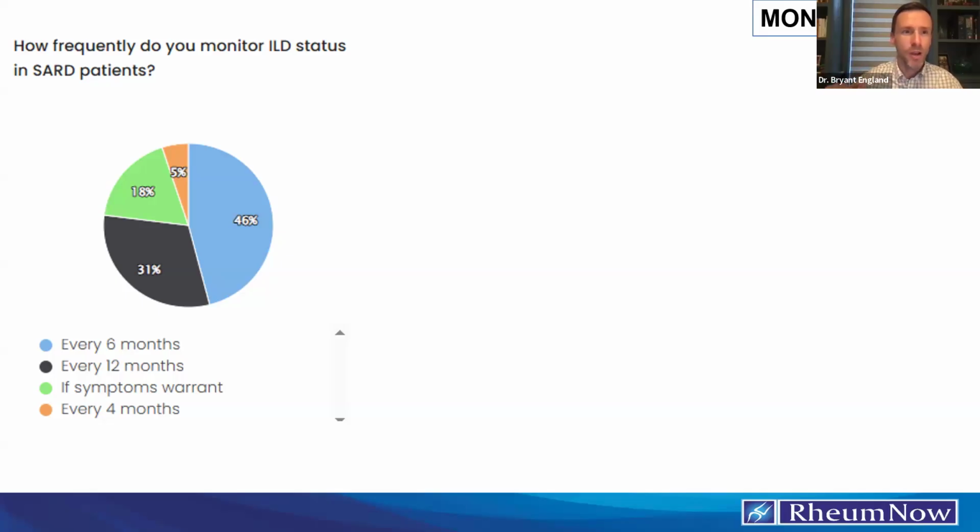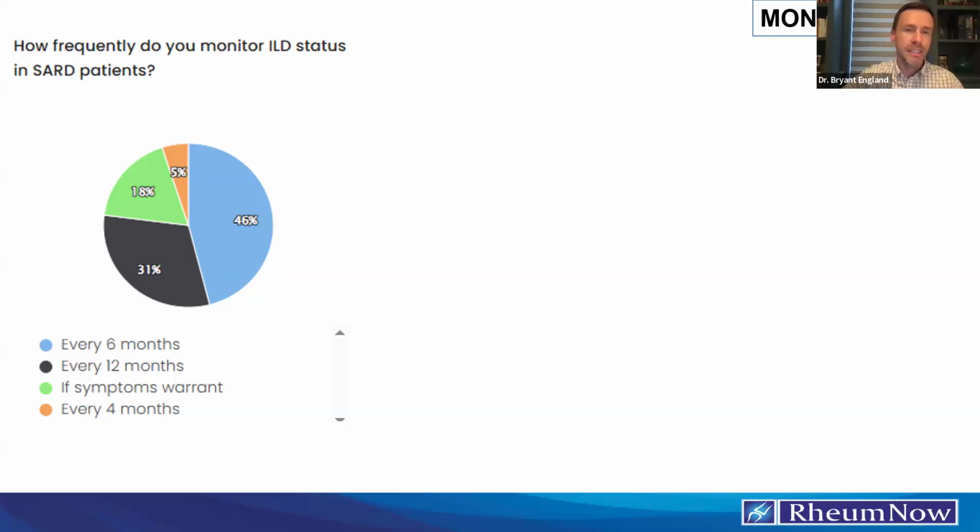But the big key with monitoring is that you tailor it to the patient and you tailor it to what you're doing. If you're changing a therapy because you think they have progressive disease and you want to understand whether or not they're going to have some response to that, then you're going to repeat the PFT sooner than later. Our approach is we generally use PFTs as the primary thing that we follow over time.